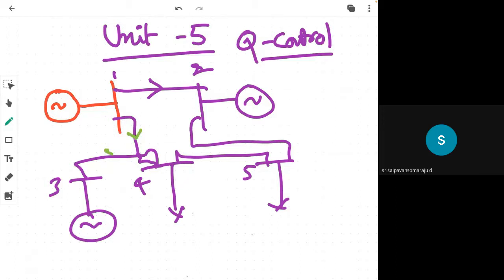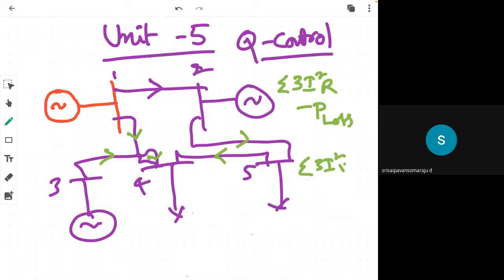When the current is flowing through the transmission lines, the summation of 3 sigma 3 I square R loss is the active power loss, P loss, and similarly sigma 3 I square X is the Q loss.